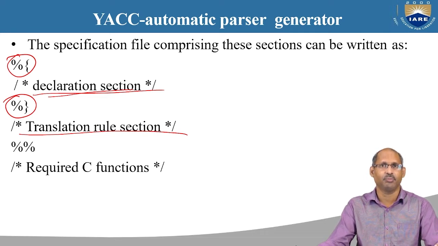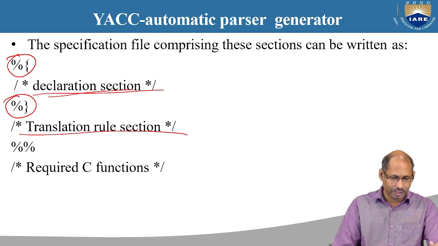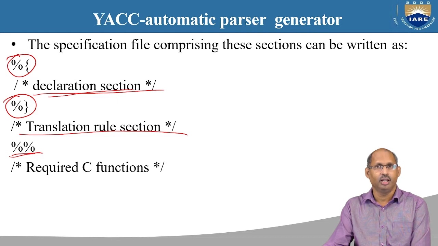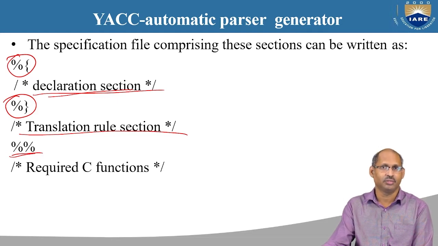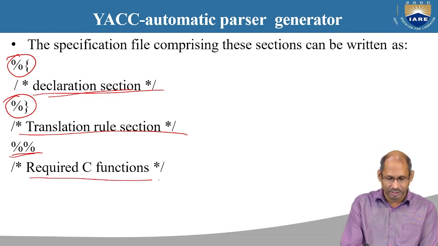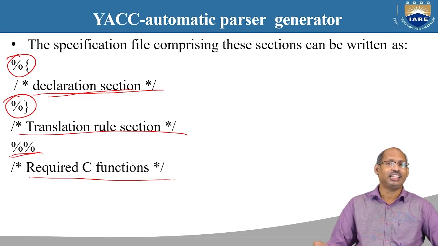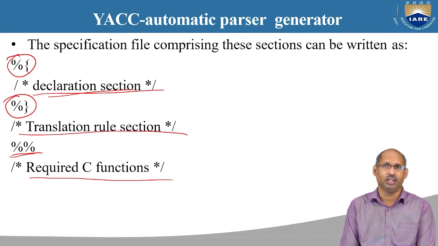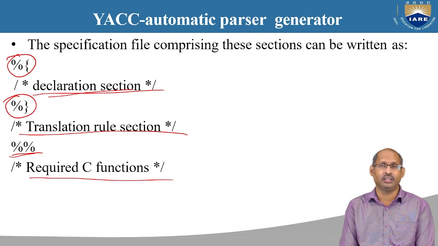It is followed by the translation rule section. Then it is followed by a separator, two percentage symbols, followed by the required C functions. These translation rules will have the context-free grammar productions followed by an action part. In this action part, it may require any routines or functions.